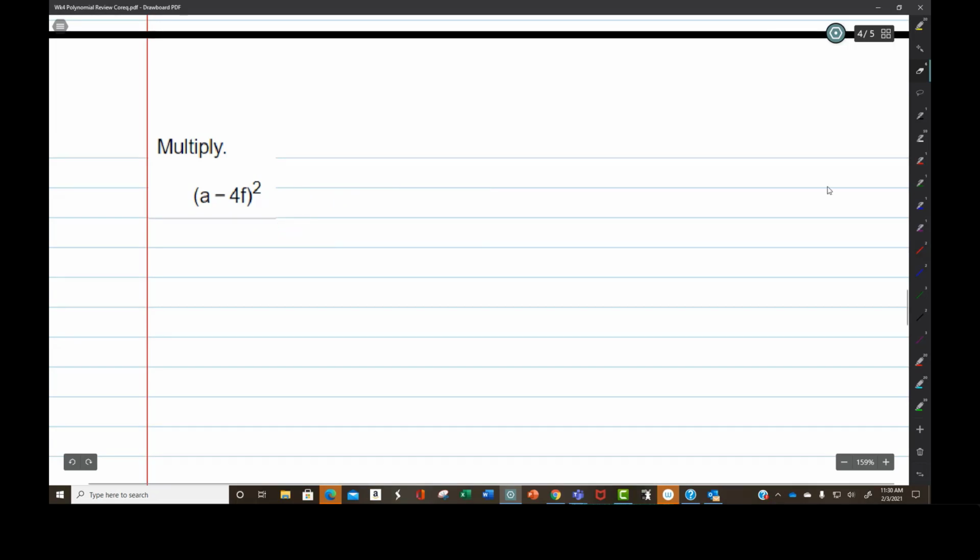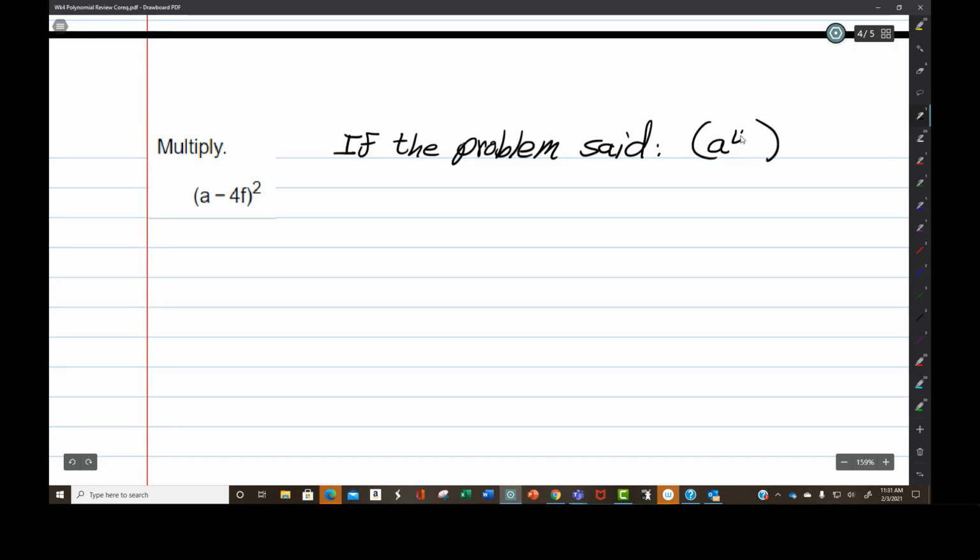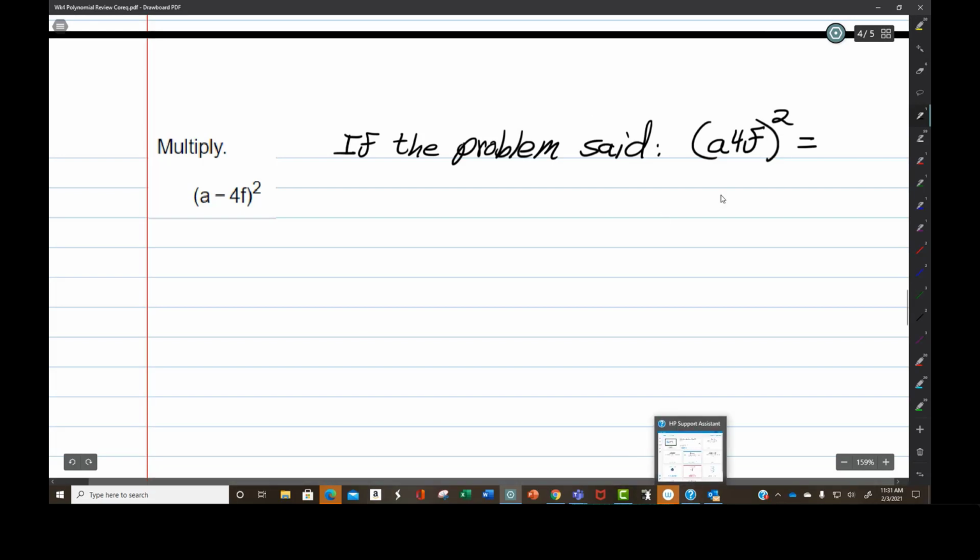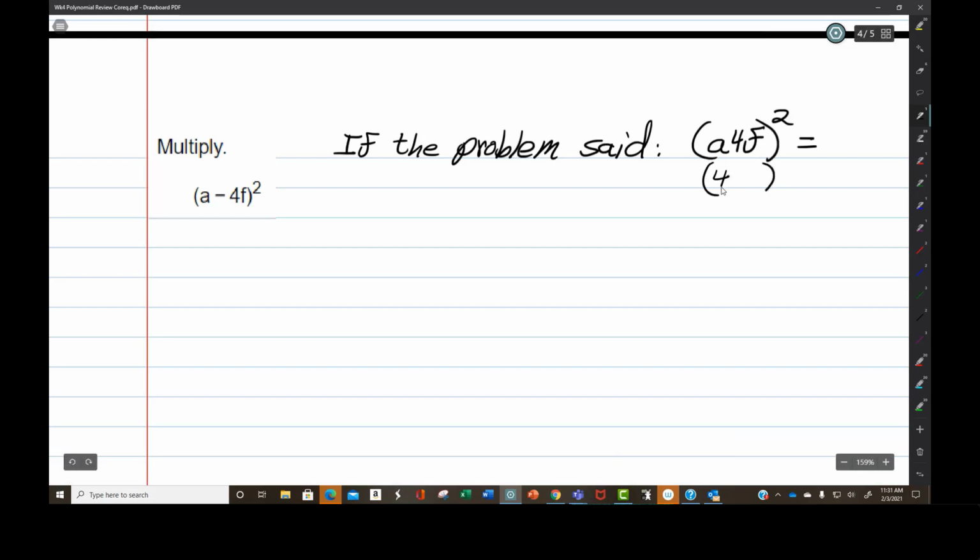If the problem looked like this, then you would probably change it to 4af squared.